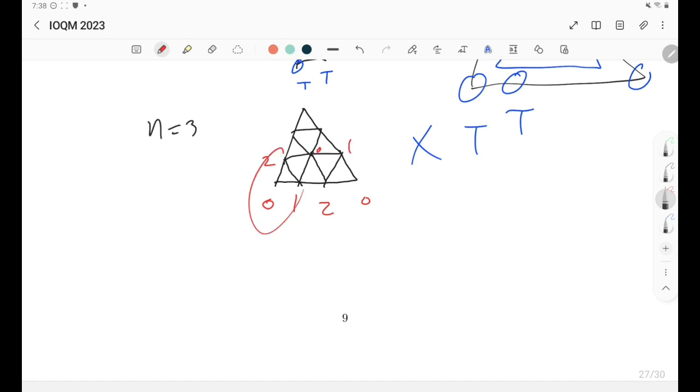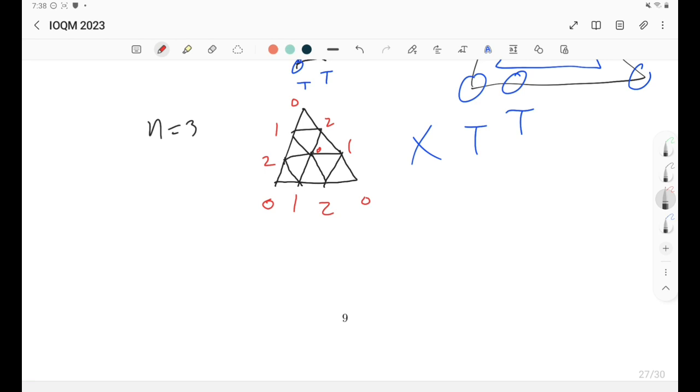Of course, my goal is to make each small triangle have all 3 colors. So can I do that for multiples of 3? Let's see. 1, 2, 0. Yeah, we can. So now the idea is simple.